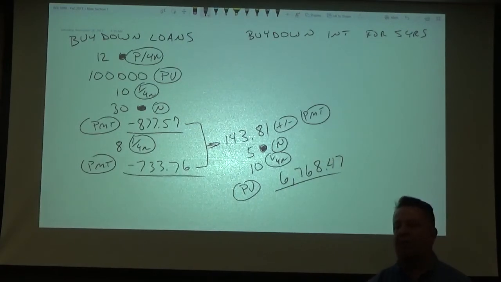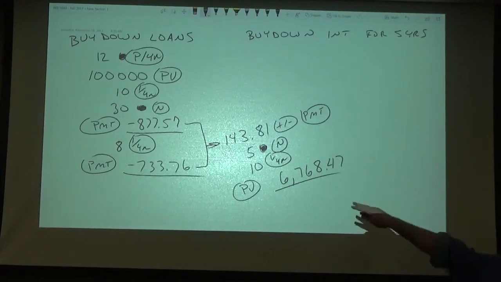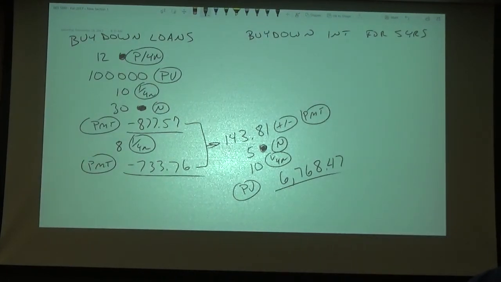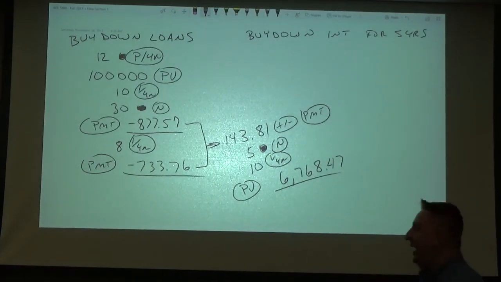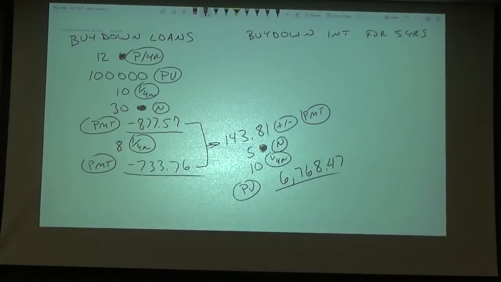Now, what could also happen, as a potential matter of practice, is the developer, instead of paying all that money up front, could just work out an arrangement with the lender that they're going to pay the difference of the 143.81 every month for the next 60 months. But if they did that, if you do the math, that times 60 would be 8,628.60.